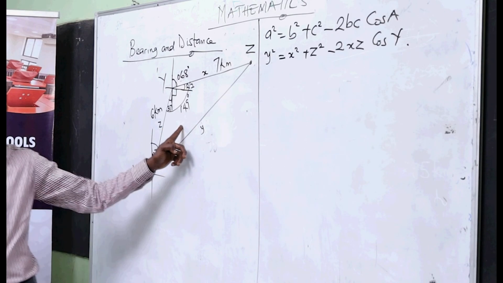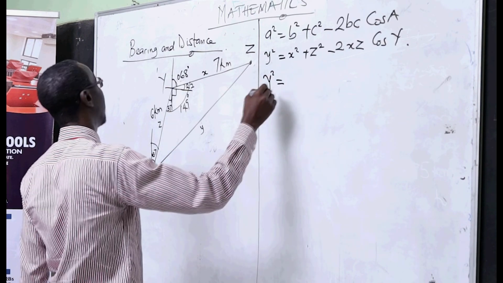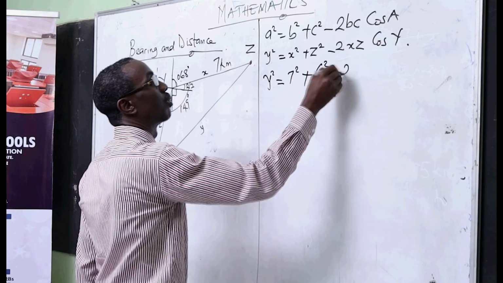With this, y squared, which is what we need, is equal to x squared, which is 7 squared, plus z squared, which is 6 squared, minus 2 times 7 times 6, the cos of 149.